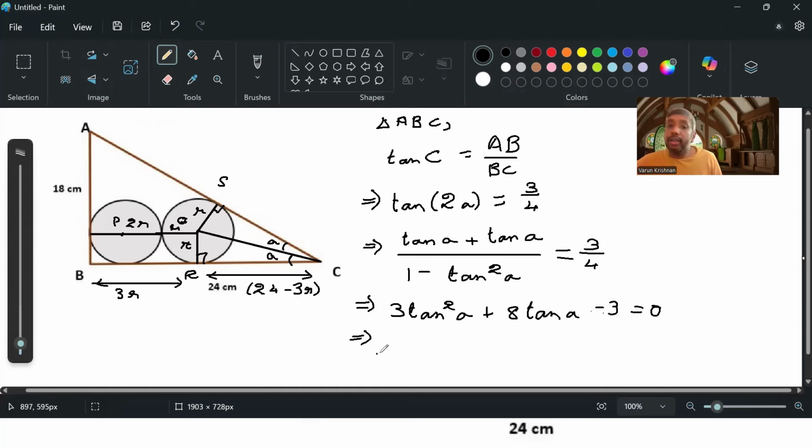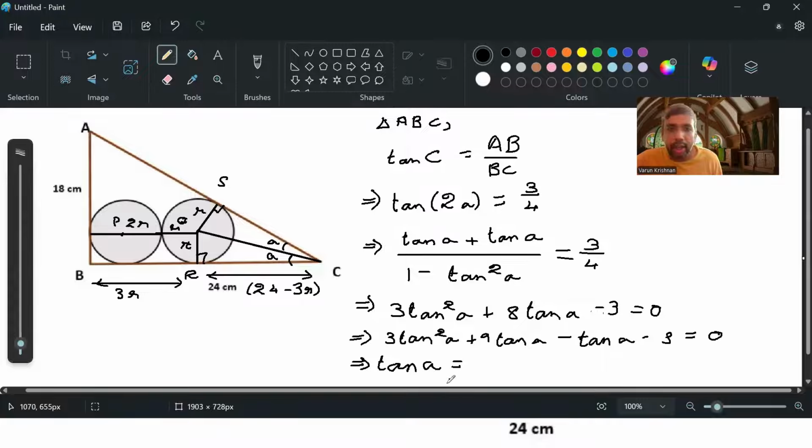So we can now factorize this quadratic equation as 3 tan square A plus 9 tan A minus tan A minus 3 is equal to 0. If we simplify and solve this, I'll get the value of tan A either as 1 by 3 or minus 3.